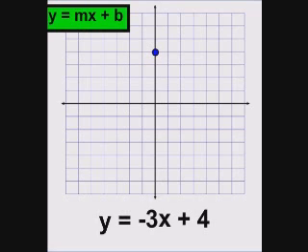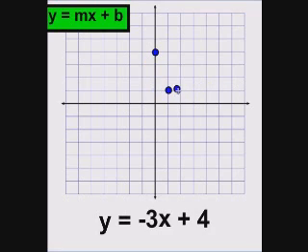Think about negative 3 in fraction form, and the way that you do that is you simply put it over 1. So your slope is negative 3 over 1, which means we are going to start at our y-intercept and we're going to go down 3 because it's negative 3 over positive 1. We're going to go to the right 1.